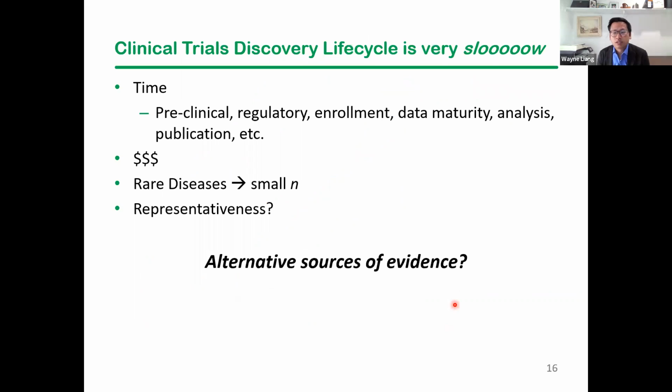So the discovery life cycle is slow, as I mentioned earlier. Also, because pediatric cancers are rare diseases as a group, and even rarer individually, we have small n's. And with small n's, it's difficult to enroll the number of patients required to generate the evidence base you need to be able to find that one regimen is better than another.